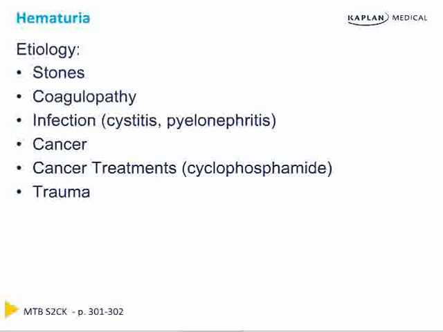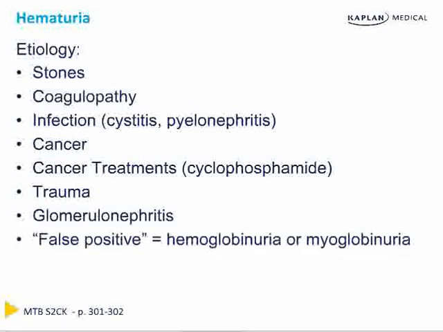Trauma, in the setting of a hard blow to the back that can damage the kidney, or a traumatic Foley insertion that can damage the urethra, can both lead to hematuria. And glomerular nephritis. We'll talk about this at length in a future lecture, but one of the hallmarks of glomerular nephritis is hematuria.